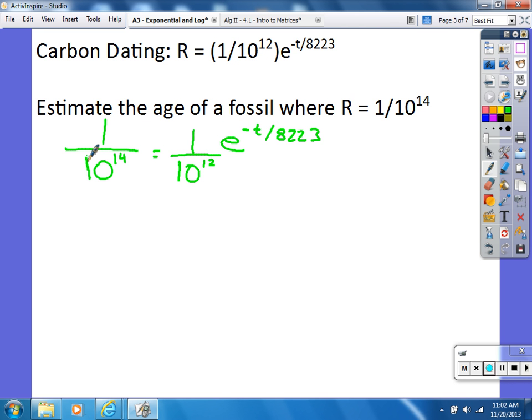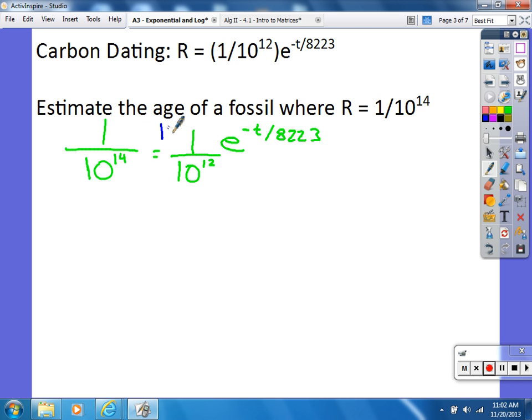What can I do next? I am going to solve for t, but what do I need to do next in order to solve for t? Do you see a plus sign? No, so I'll multiply by 10 to the 12th, right?